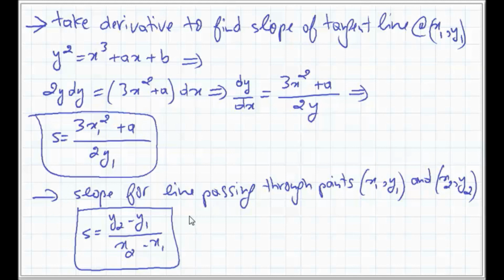So this is the slope in the case we are doing point addition: s is equal to (y2 - y1) over (x2 - x1).